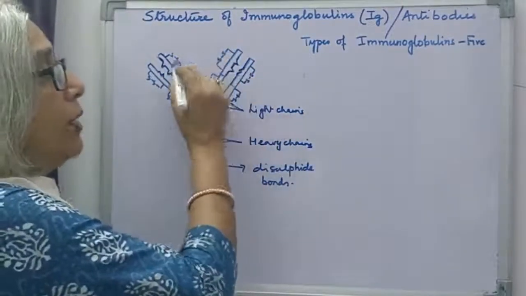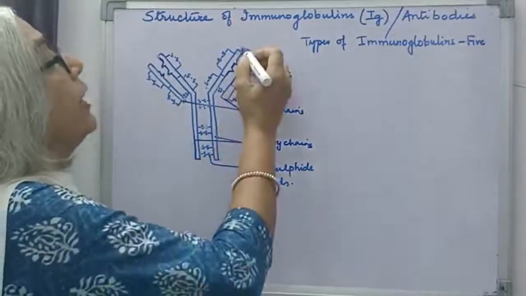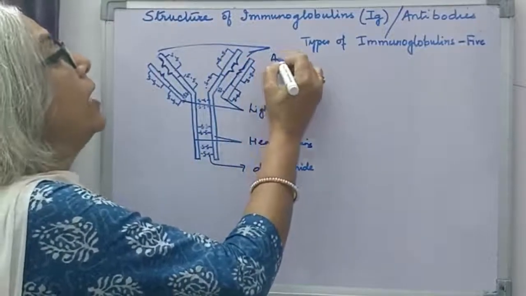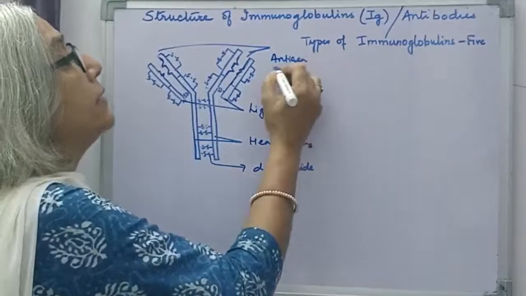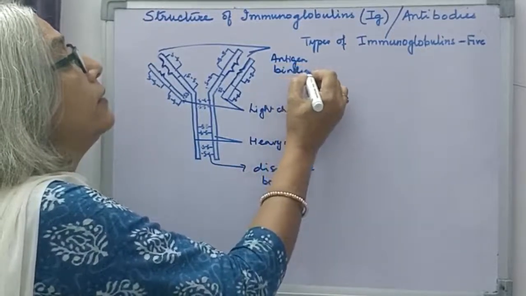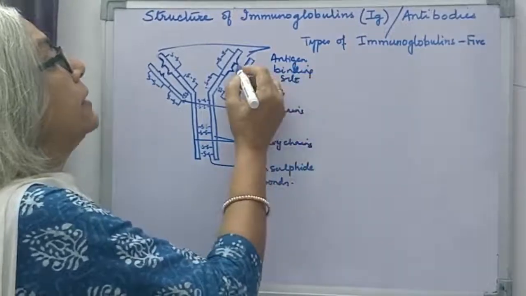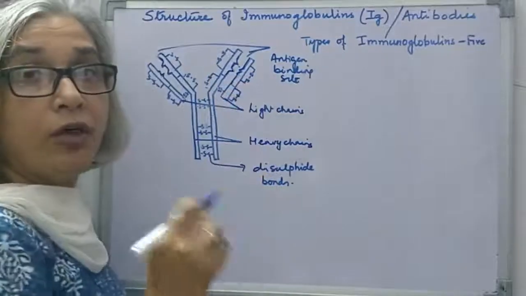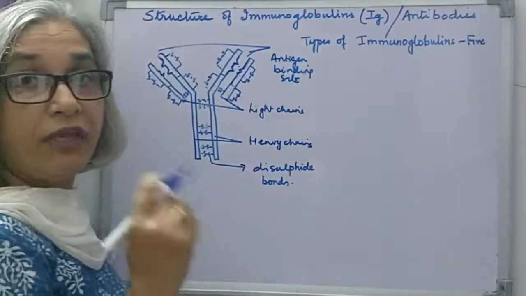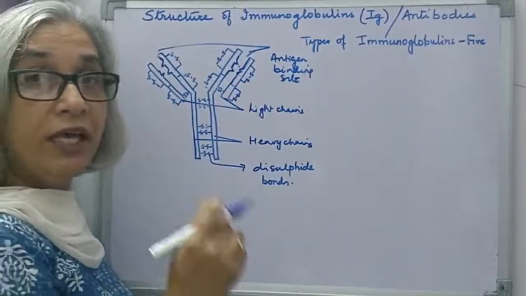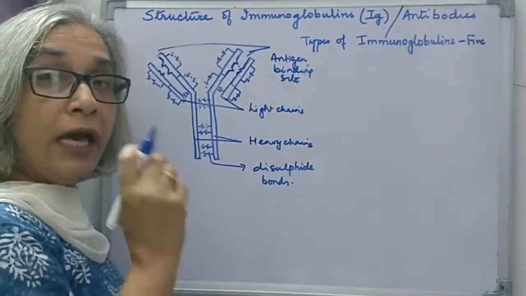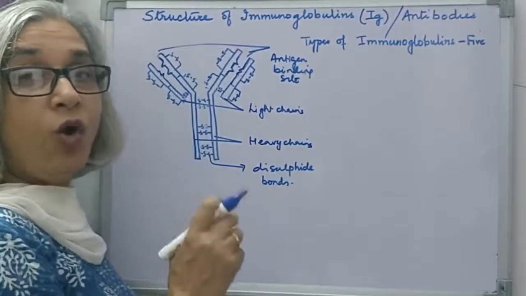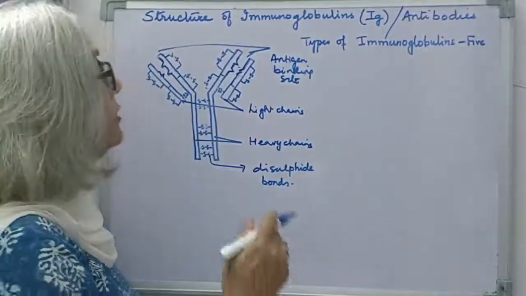They form a Y-shaped molecule where the upper 2 ends of the Y are the antigen binding sites, and these are identical. These are identical because they are antigen specific and they bind to a specific antigen and form an antigen antibody complex, which is like a lock and key mechanism.